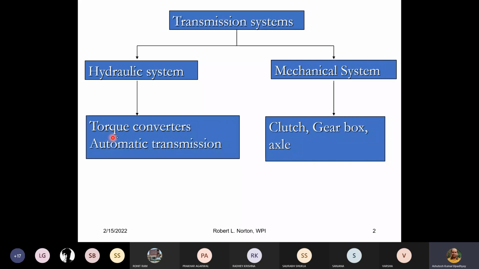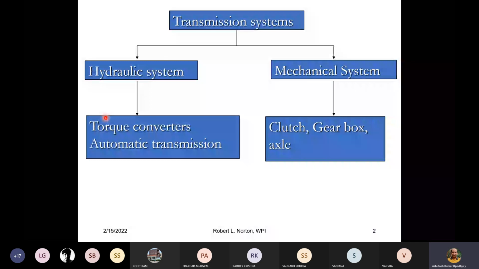Although here it is written as torque converter, there are automatic transmissions also. The torque converter heavily uses hydraulics, and it is a good invention as far as automatic automotive transmission systems are concerned. We will talk a little bit about torque converters and automatic transmissions also.